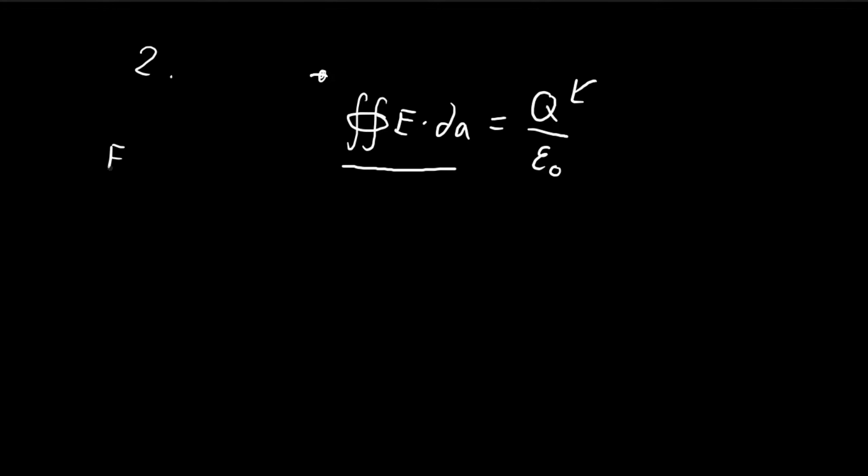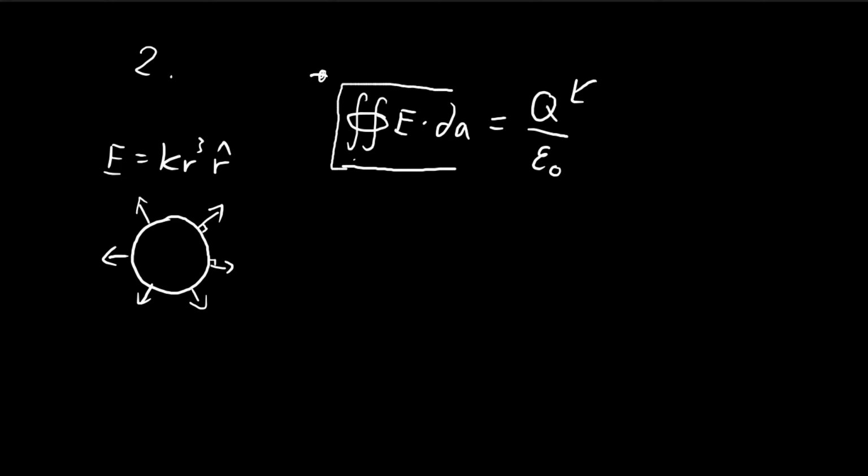Recall that our electric field is equal to kr to the power of 3 times the r vector. Because this is a sphere, the electric field is always orthogonal to the surface of the sphere. Because of this special property, the flux becomes really easy to calculate, considering the surface is a sphere with a radius of r.